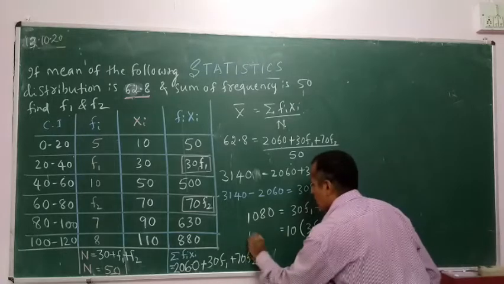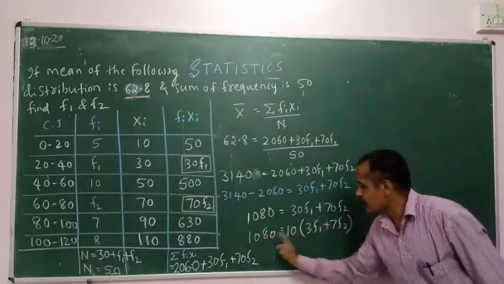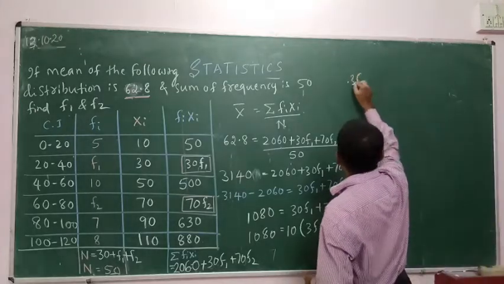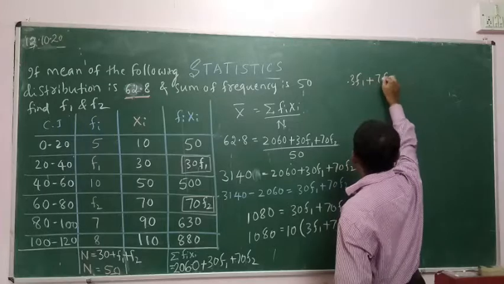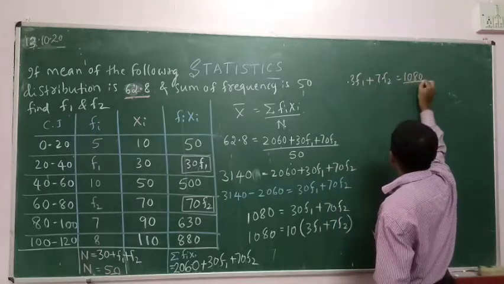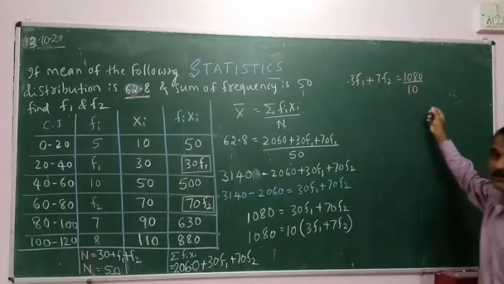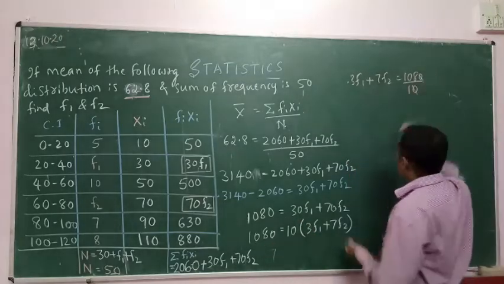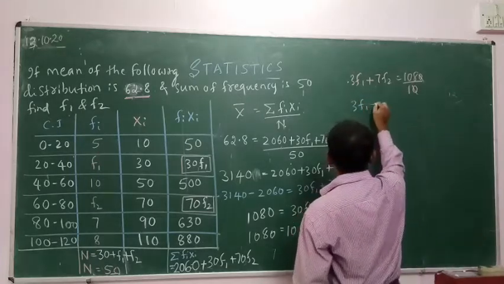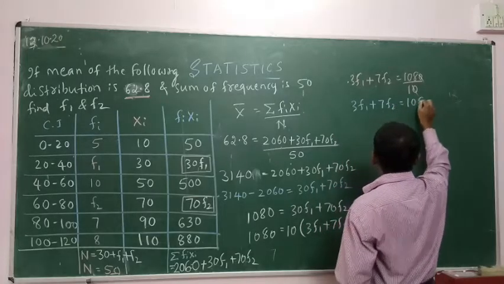I will bring this 10 to the denominator: 3F1 plus 7F2 is equal to 1080 divided by 10. Cancel this, and finally I got 3F1 plus 7F2 is equal to 108.